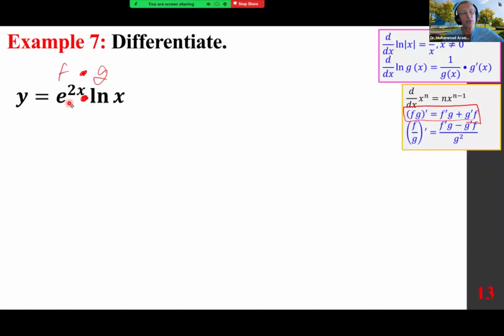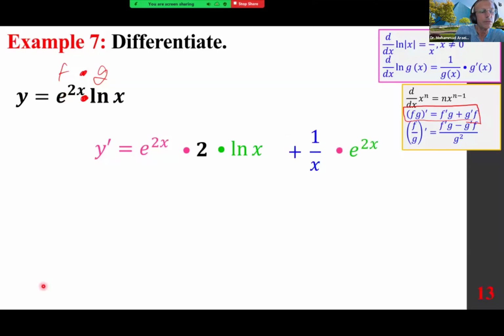Any exponential, the derivative is itself, e to the power of 2x. The exponent is a function of x, times its derivative, which is 2. And this is f prime times g, which is ln x, plus g prime ln x, the derivative becomes 1 over x, times f, e to the power of 2x.